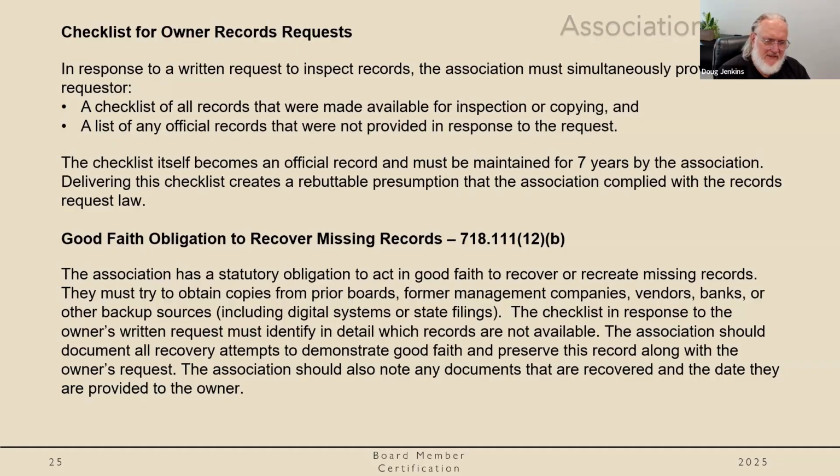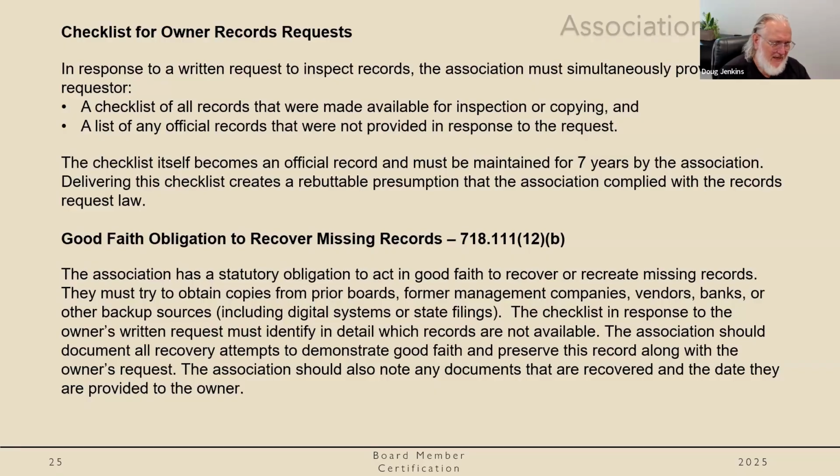The checklist in response to the owner's request must identify in detail which records aren't available, and then you want to keep track of that good faith effort to find those records or duplicate those records, and then preserve that along with the owner's request as well.